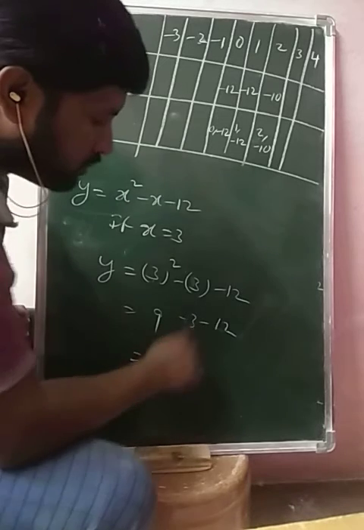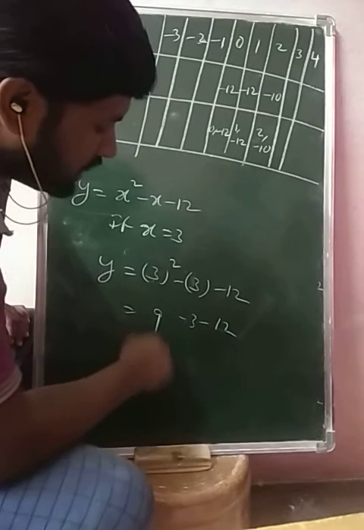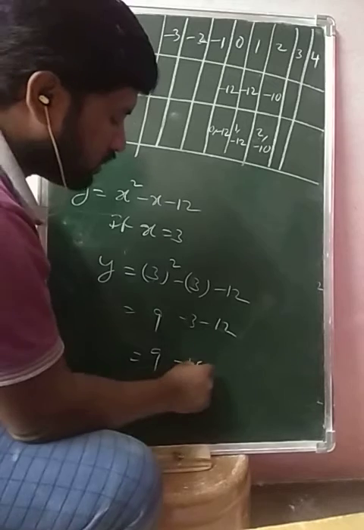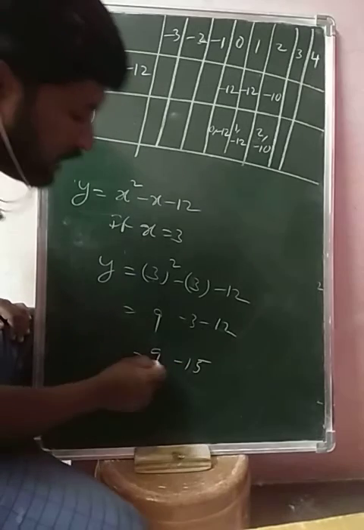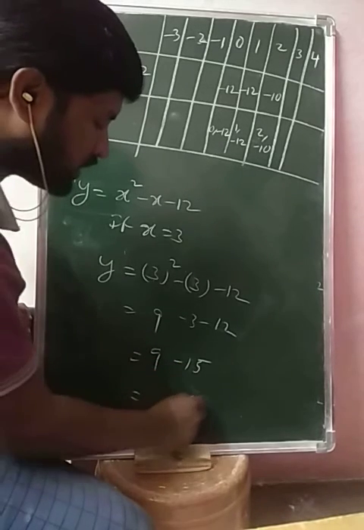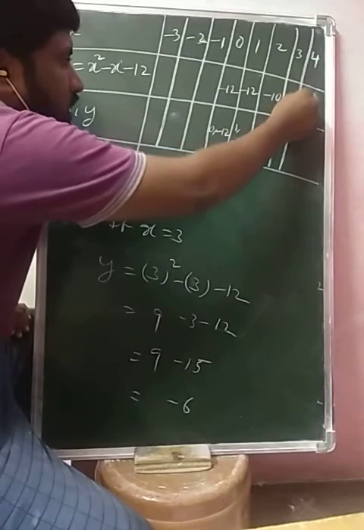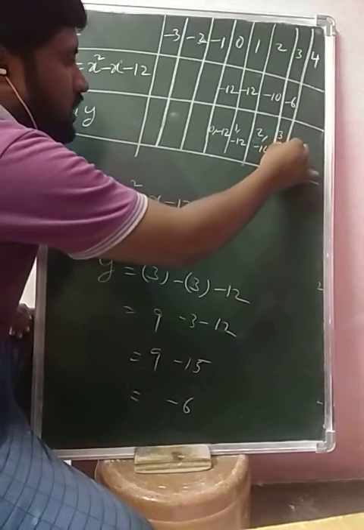Now 9 minus 3 minus 12, I wrote 9 as usual. Minus 3 minus 12, that is minus 15. Now 9 minus 15 means we get that is minus 6. The value of x is 3, we get that is minus 6, that is 3 comma minus 6.